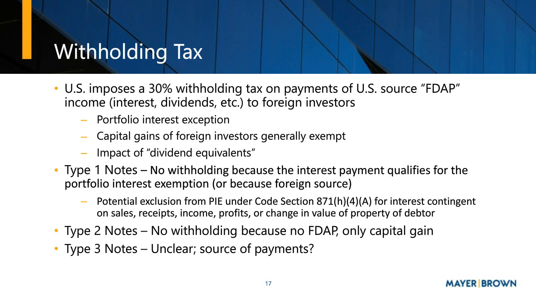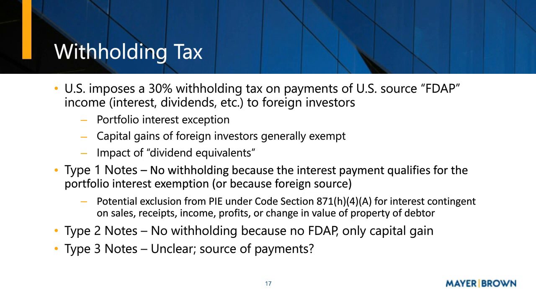And of course, it's worth noting here that this applies to all types of interest and coupons, but if you are a non-U.S. issuer and the structured note is not effectively connected with your U.S. trade or business, then there's no withholding tax apart from potentially dividend equivalent withholding, which we'll get to later. So that's type 1s, generally not much of a withholding tax concern there.